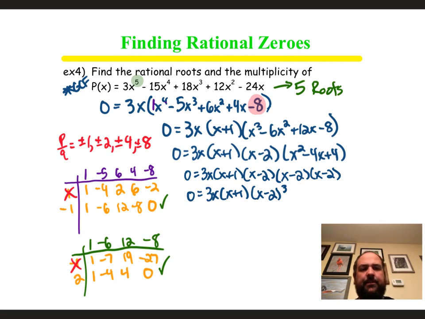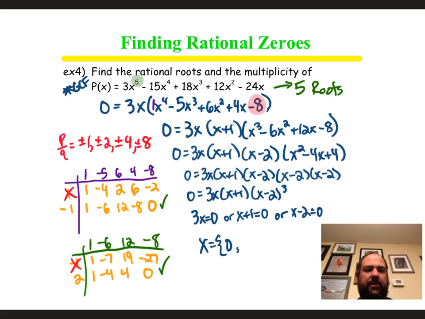So that means we could have 3x equals 0, and I have to have 3x equals 0 because it has this variable. So I have to set that equal to 0. Or x plus 1 equals 0. Or, I'm not going to write it out 3 times, but I would have x minus 2 equals 0. So when I solve, now we have x equals 0, which comes from 3x equals 0.